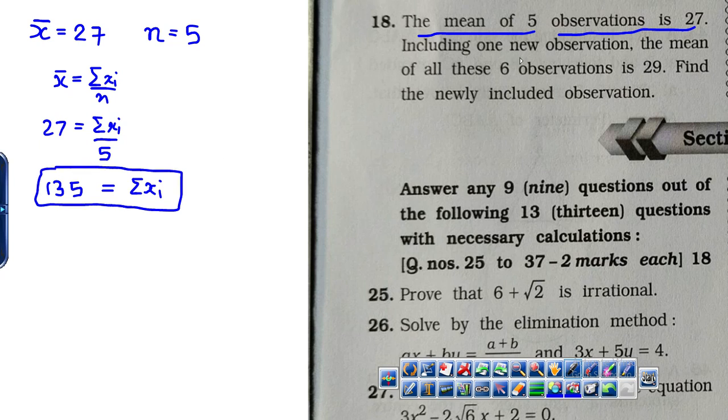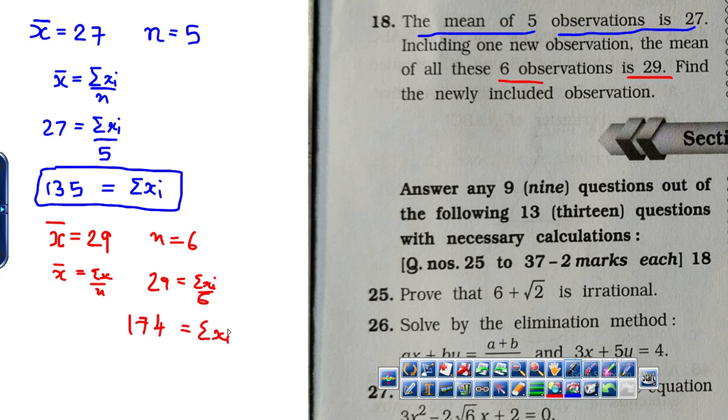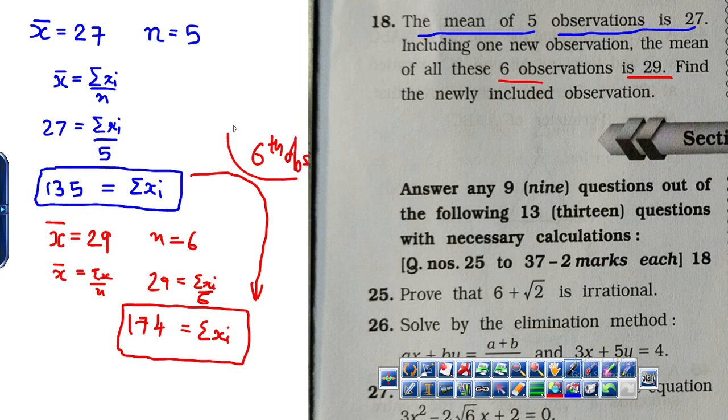Including one new observation, the mean of all the 6 observations is 29. अब एक नया ऑब्जर्वेशन ऐड कर दिया तो 6 ऑब्जर्वेशन हो गया और मीन चेंज हो गया. तो आई विल रिपीट द होल प्रोसेस. मीन बन गया 29, ऑब्जर्वेशंस हो गए 6. मीन इज इक्वल टू सिग्मा एक्स अपॉन एन. 29 इज इक्वल टू सिग्मा एक्स अपॉन 6. 174 हो गया. टोटल चेंज हो गया. तो पहले टोटल 135 था, बाद में टोटल 174 हो गया क्योंकि एक 6th ऑब्जर्वेशन ऐड किया गया है. वो 6th ऑब्जर्वेशन कौन सा है? 174 minus 135.